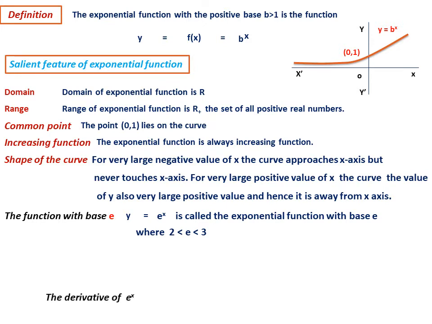The derivative of e power x, because we are interested in finding the derivative of this, so this is d by dx of e power x equal to e power x. So this is the derivative function. Therefore, the formula you have to remember: differentiation of e power x is e power x only. So the derivative of e power x is e power x. So this is one important result.